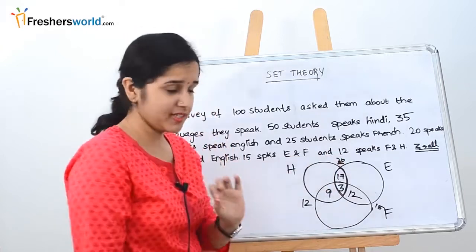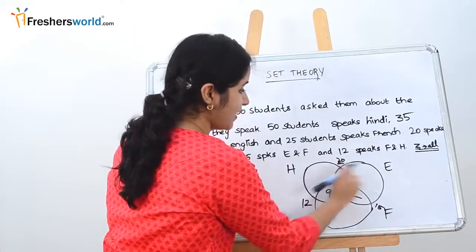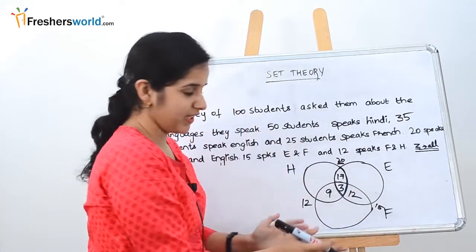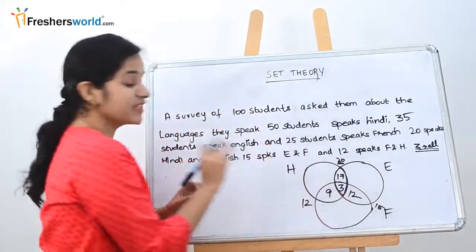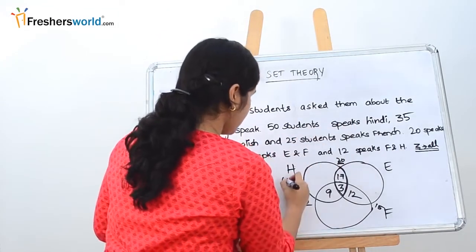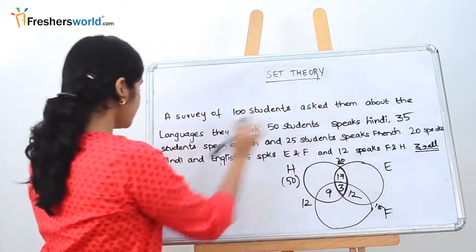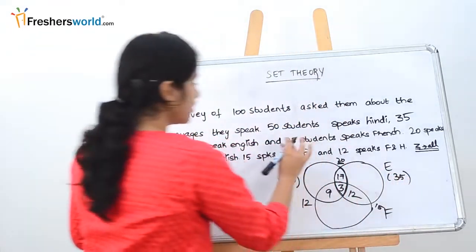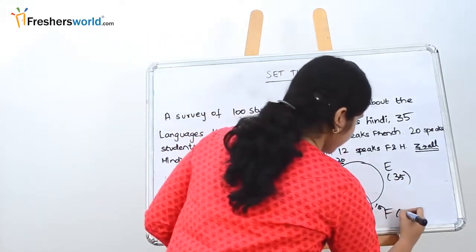What do we have to find next? We have to find the Hindi only, English only and French only to complete the overall Venn diagram. How to find it? What is the next set of data they have given? 50 students speak Hindi, 35 students speak English, 25 students speak French.